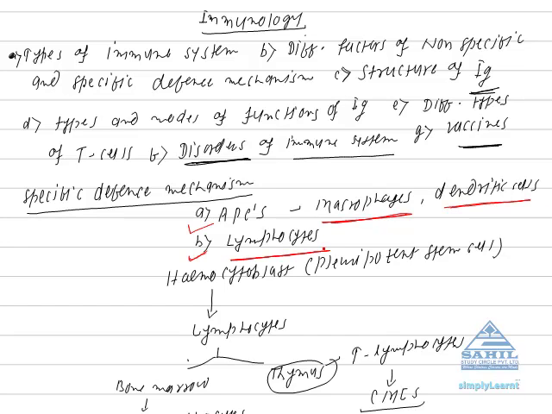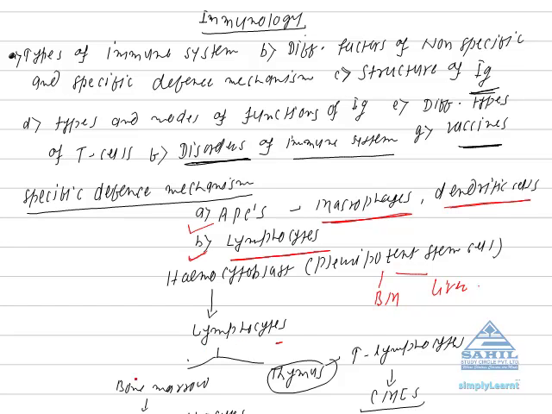Now, how are lymphocytes formed? Lymphocytes are formed from hemocytoblast, which is a pluripotent stem cell found in bone marrow of adults and liver of fetus. All lymphocytes are ultimately formed from hemocytoblast in bone marrow or liver.